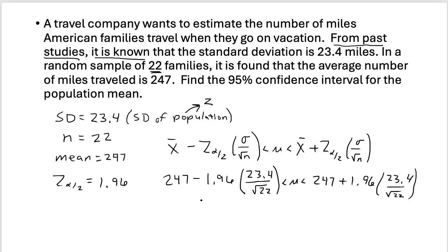I'm going to round it to 2 decimal places, so 237.22. And on the other side, I'm going to get 256.78. All right, so that is my confidence interval.